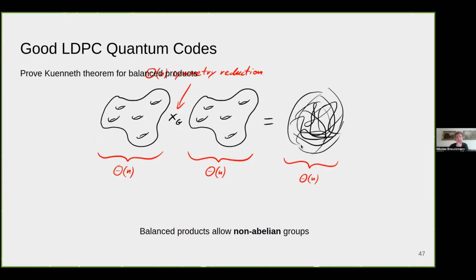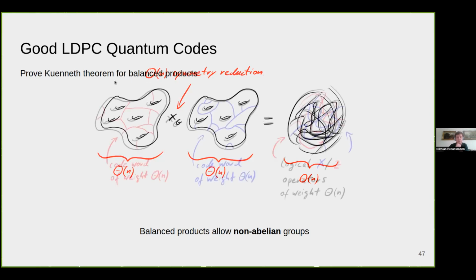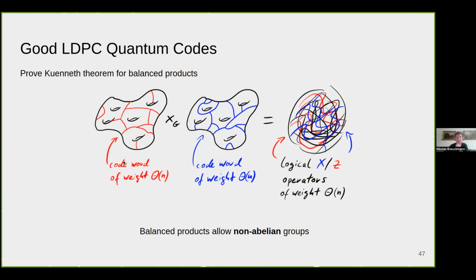But the important part is that since the inputs are of order n, but then we perform an order n symmetry reduction, the output space is again only of order n. However, we prove a lifting theorem for the balanced product as well. So we know that the code words of the inputs lift to logical operators of the same size in the output space.